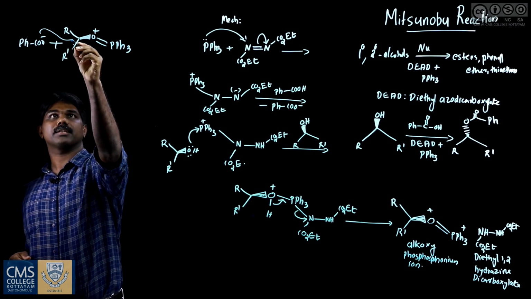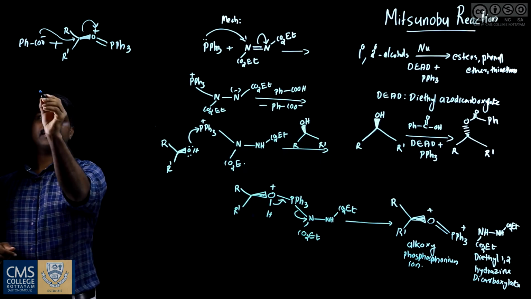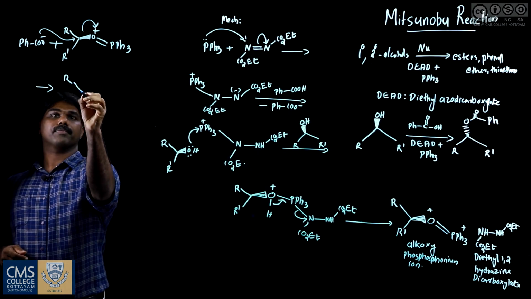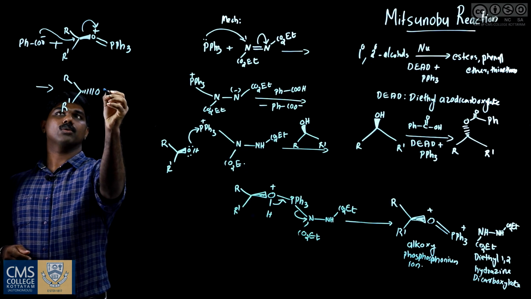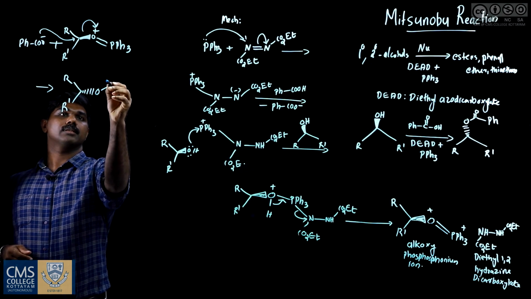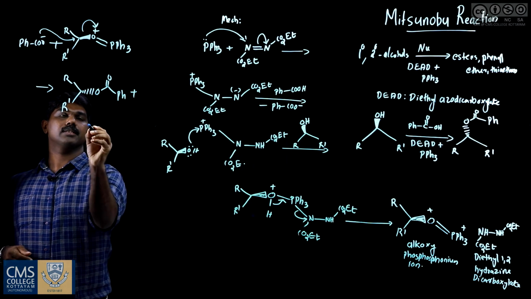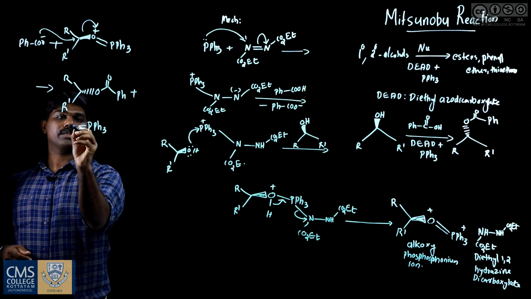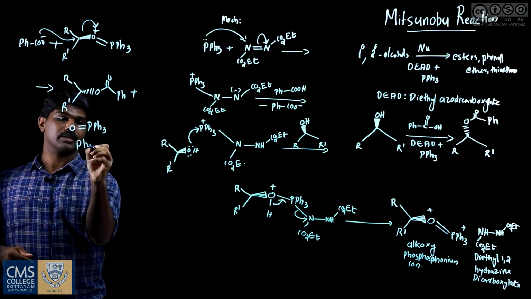So this attacks here and this molecule gets eliminated and we get an inverted product, R dash O double bond O Ph, plus the second byproduct of this reaction, that is PPh3 double bond O. This is called a phosphine oxide.